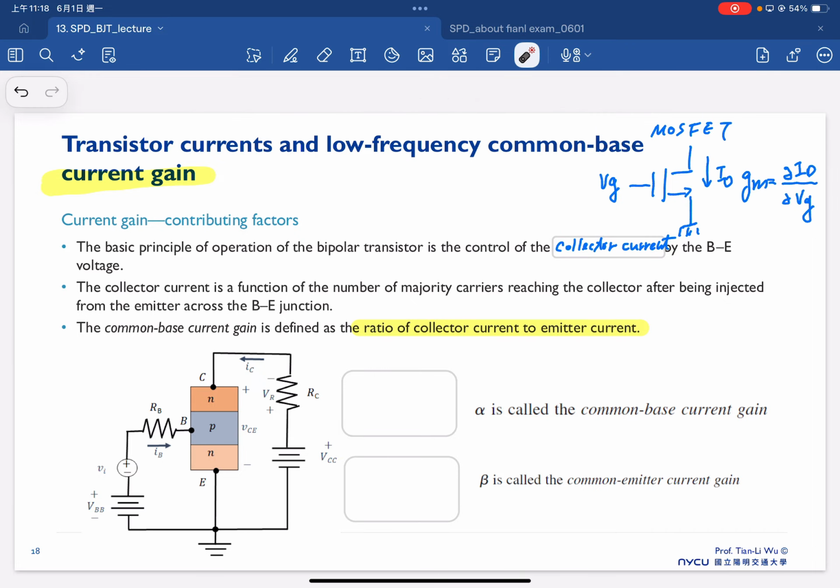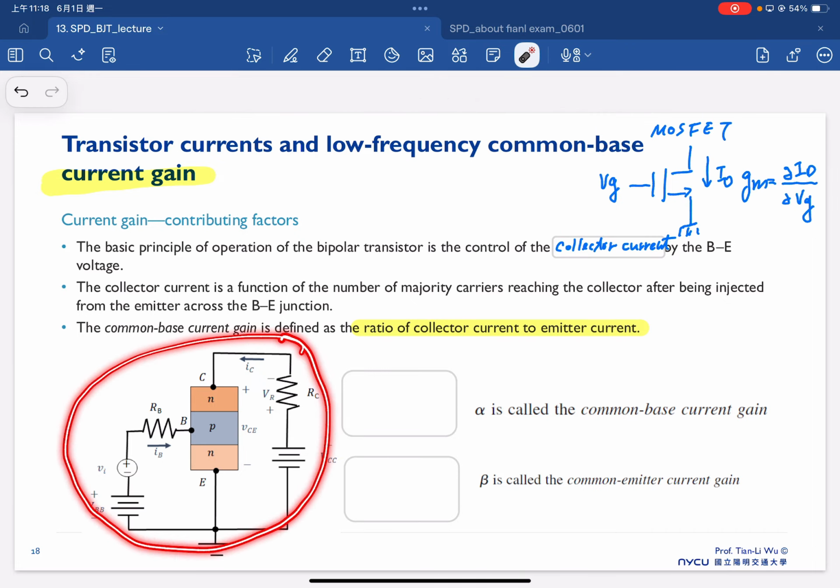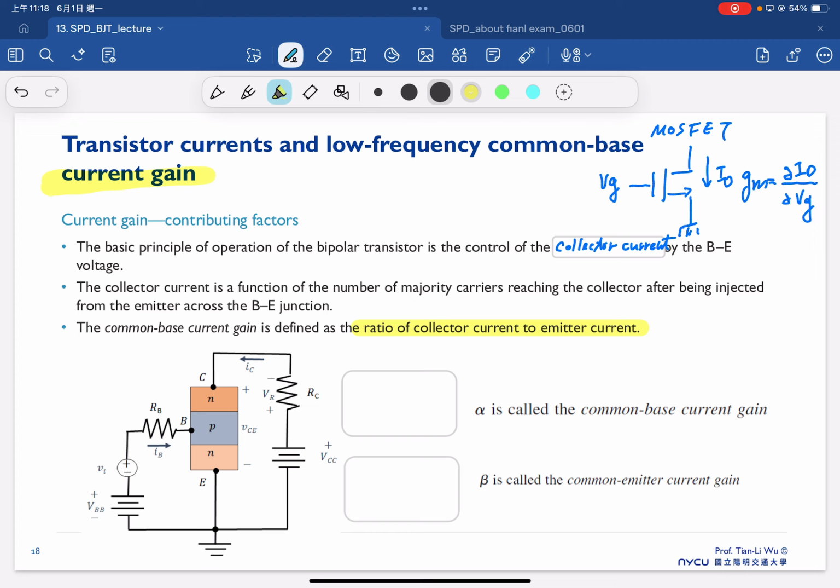So if you look at this schematic here, first of all we will need to pay attention to the three different current components. The first one is the collector current, and then we have the emitter current here. We also have the base current here.